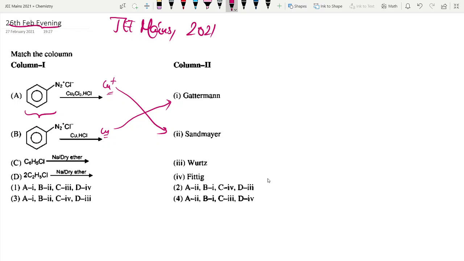And then you have Na in dry ether, Wurtz reaction with alkyl halides, and Fittig reaction with the aryl halides. You see, this is C6H5 here. This is also like memorizing the names of reactions. That's required in organic chemistry sometimes. Not a very nice question though.